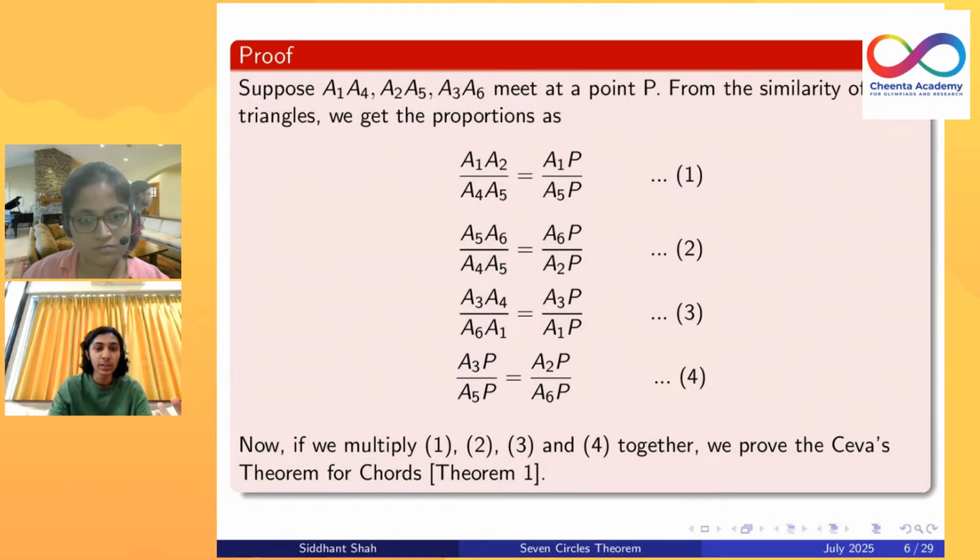I translated this into other ratios also, like A5A6 over A4A5. Likewise, whenever we multiply all these equations together, 1, 2, 3, 4, we prove the entire theorem which was presented before. It is known as Ceva's theorem for chords. So this was the first proof which I explored that was present in Euclidean geometry for the Seven Circles Theorem.